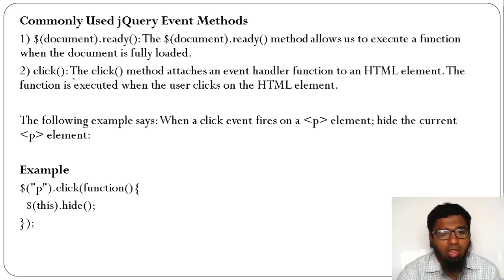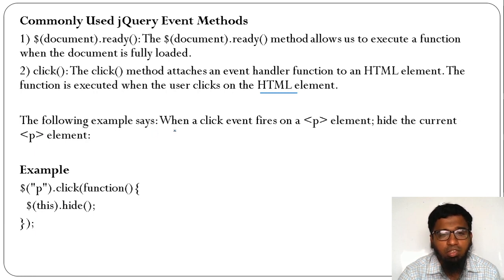Second one, click. What is click? The click method attaches an event handler function to an HTML event. The function is executed when the user clicks on the HTML element. When you see this example, you can easily understand.